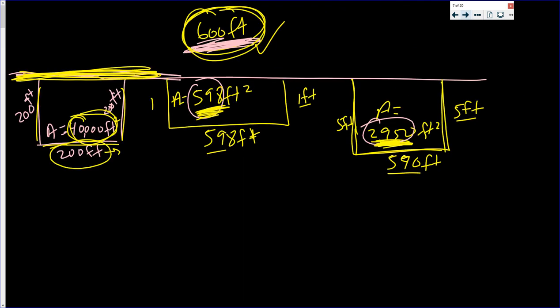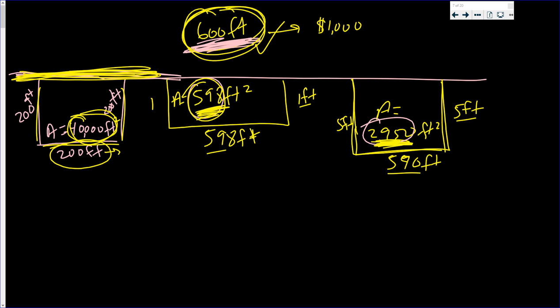Me, I'm only going to build a dog pen 598 square feet. And you know, he paid $1,000 for that. And you're telling me that I also have to pay $1,000. That's ridiculous.